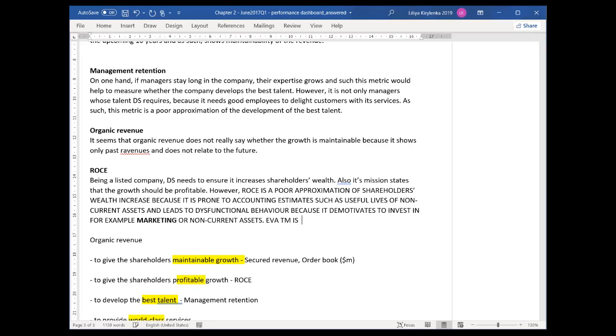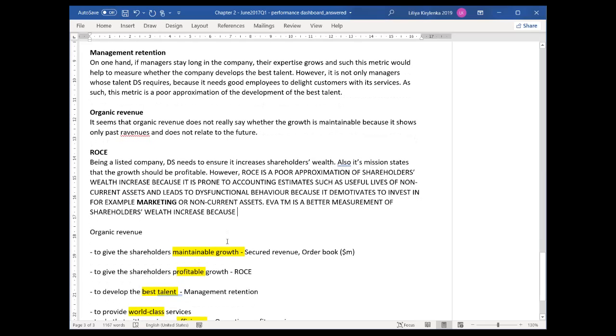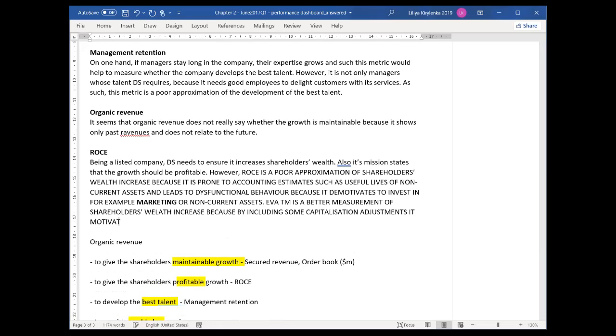Either trademark is a better measurement of shareholders' wealth, because by including capitalization adjustments, it motivates managers to spend money on long-term value creation activities.